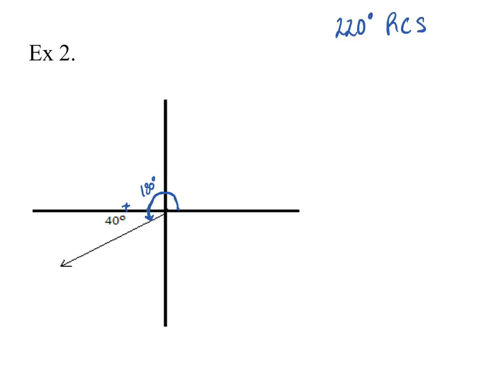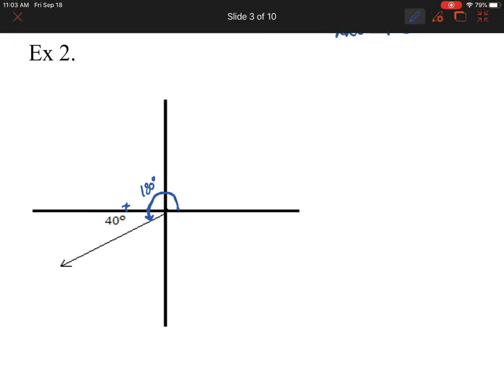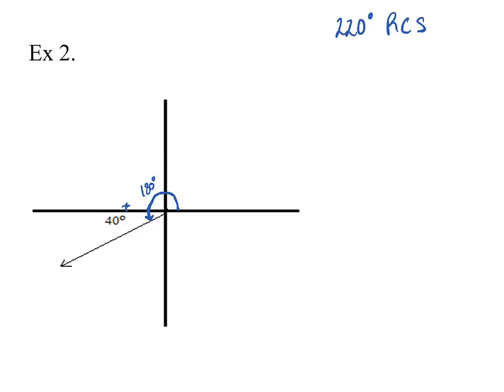Okay, so there's that. What did we have next? The bearing. Remember, bearing starts at the y-axis and goes clockwise, not counterclockwise. So that one starts here and goes clockwise. I want to know, what is that angle? Again, I know from the y-axis to the y-axis is 180 degrees. So I just need to figure out what this guy is.